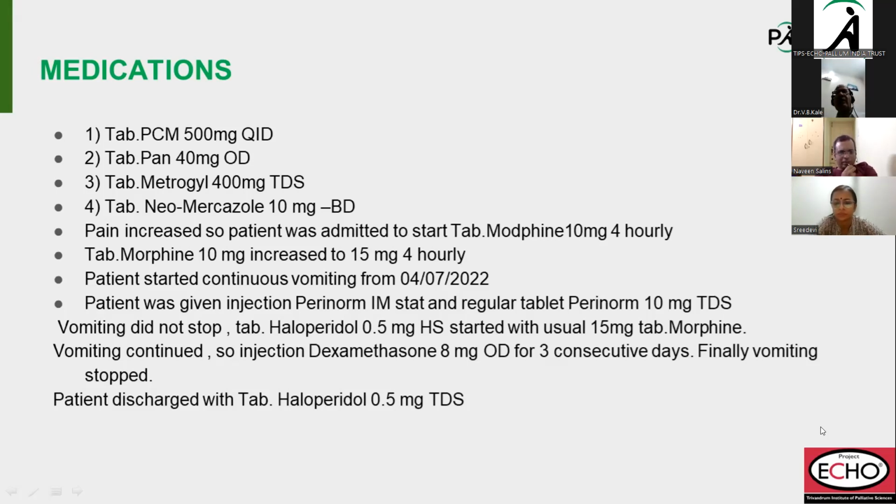I feel that rather than pinpointing one cause, as Dr. Punita has just chatted it as multifactorial, I would really want to consider a multifactorial cause. So infection per se in the oral mucosa and in the oropharynx is a strong trigger for vomiting, especially anaerobic infection.